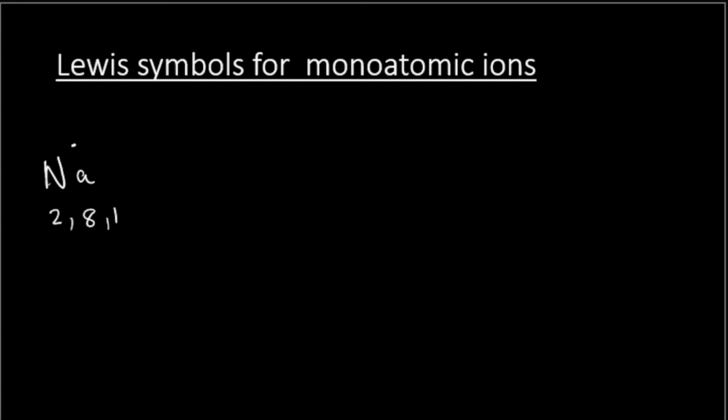So the Lewis symbol consists of only 1 dot around the symbol of sodium. In order to attain the stable octet electronic configuration, this sodium atom loses one electron and becomes a positively charged ion, a cation. So this cation has electronic configuration 2,8 and it is the stable octet electronic configuration.